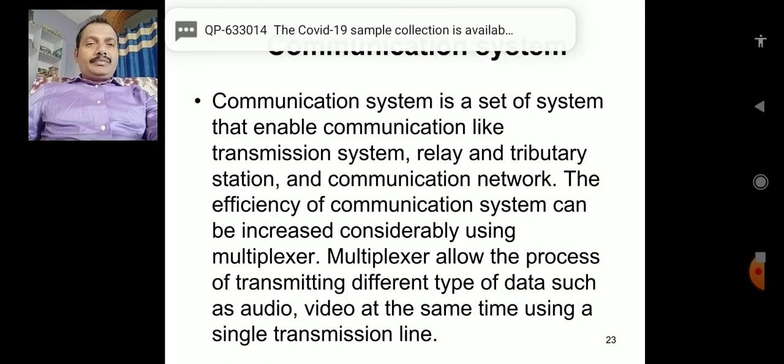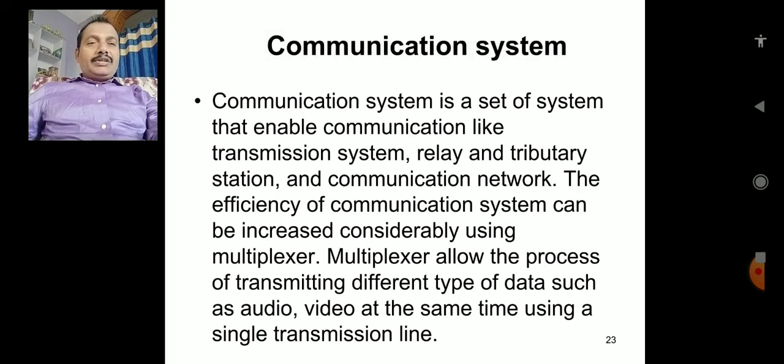Communication systems. Here, the communication system is a set of systems that enable communication, like transmission system, relay, tributary station, and communication network. The efficiency of communication system can be increased considerably using a multiplexer.